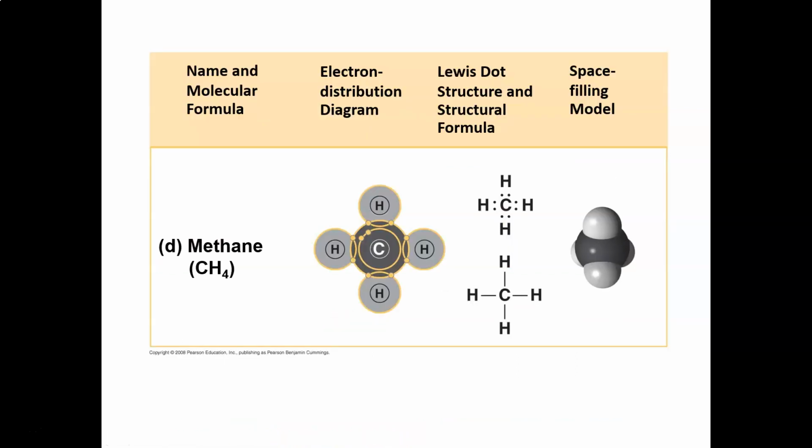Now, there's other examples of nonpolar covalent bonds, and one of those is methane. Okay? So methane, even though it's made up of different atoms, is one carbon atom with 4 hydrogens bonded to it.